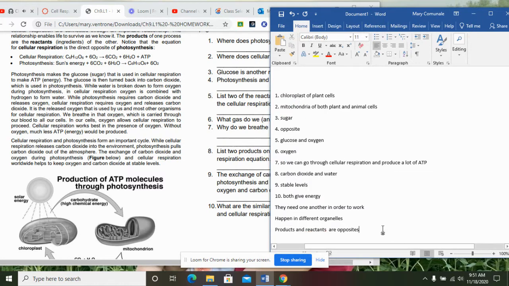There we go. Here, one uses sun energy. I mean, you could probably go through and find other ones, but there's just a few.